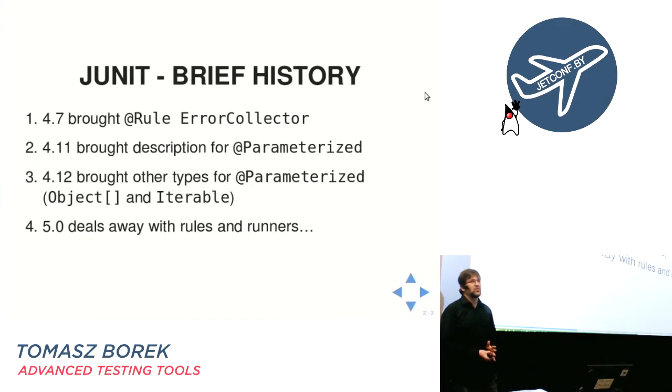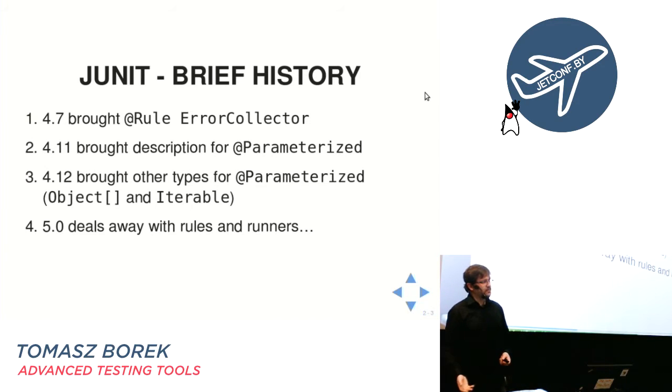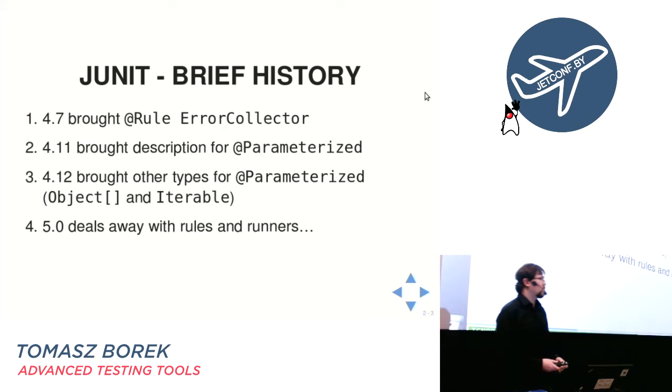4.7 also brought a rule called error collector, which has a strange history. For a time it was used as a soft assertion rule, because it collected all the errors. Then it was marked as deprecated. I found no reason in the API for deprecation, at least no comment. Then they tried to replace it with soft assertions. However, I don't know how it ended up.